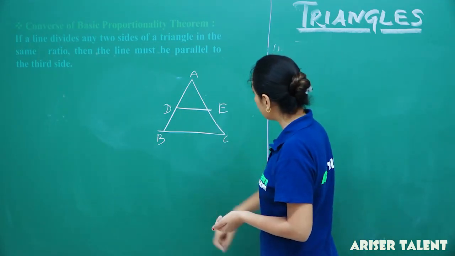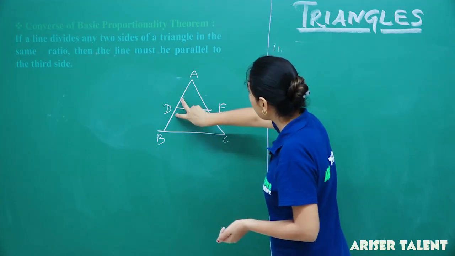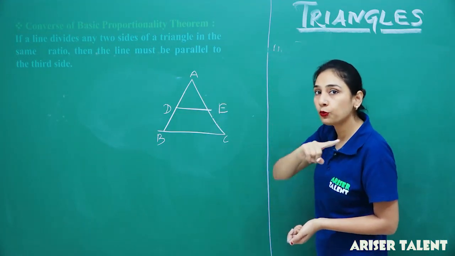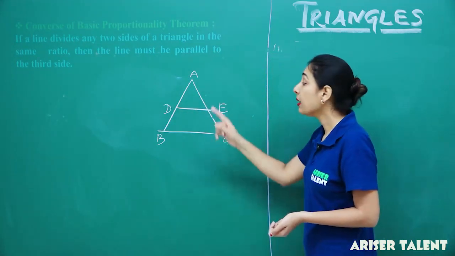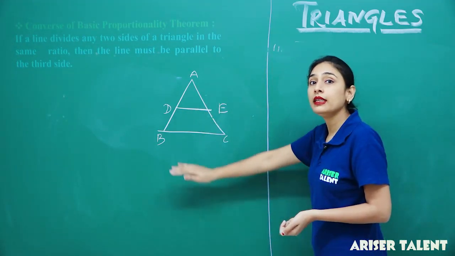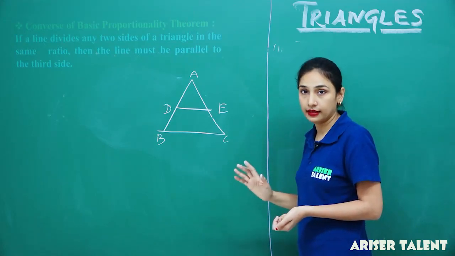Now, what is the converse? If these two sides are divided in the same proportion, then the line dividing them must be parallel to the other side.